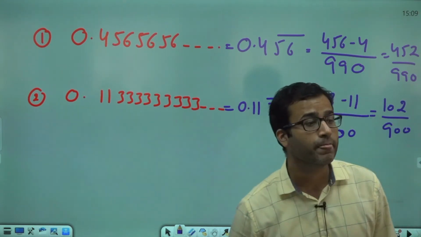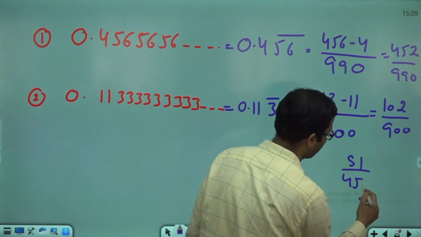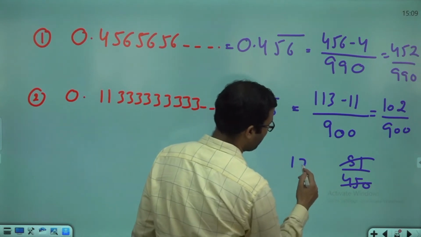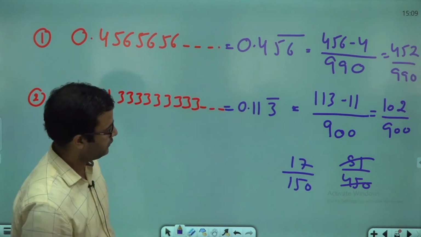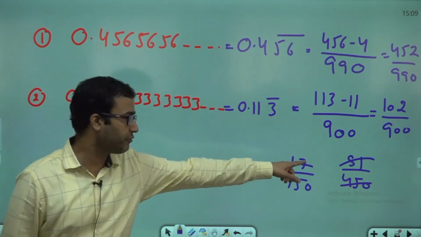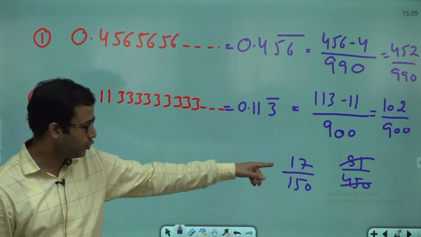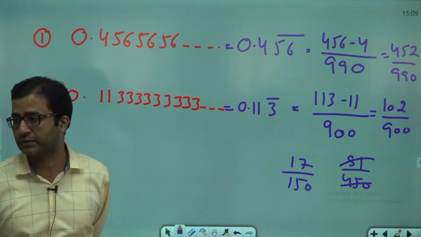Simplify. 51 upon 450, it is divisible by 3 again. 17 upon 150, because here 51 and 450 are both divisible by 3. Answer is 17 upon 150.